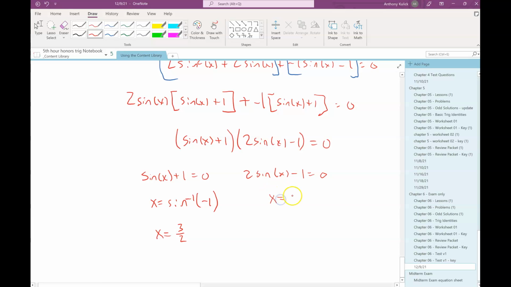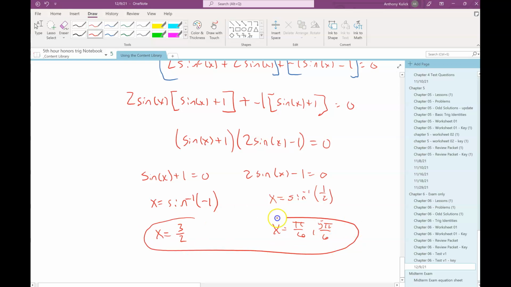For the other equation, I'm going to add 1 and divide by 2, so I have the sine inverse of 1/2. I go to my unit circle and look for where the y-coordinate is 1/2. That happens at pi over 6 and 5 pi over 6. So those are my 3 solutions.